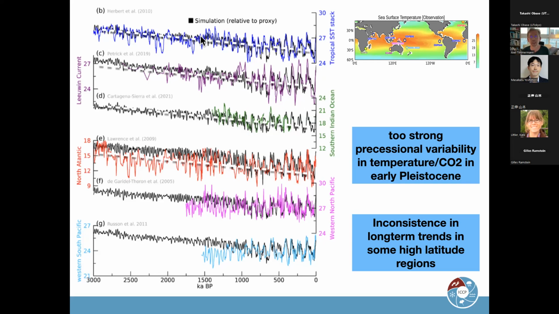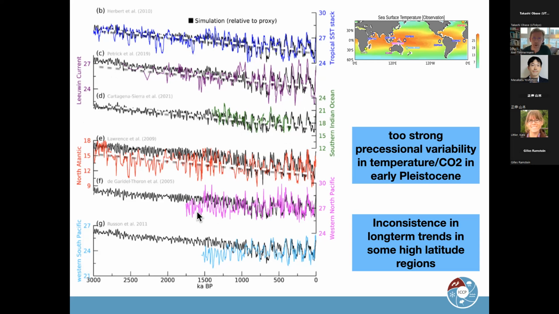What is actually the main periodicity? Are we seeing much more the 41 kiloyear variability in the CO2, or is there a possibility even for higher frequency precessional variability? Anyways, we can go through some other records. You can see many of them show this gradual cooling trend that we are familiar with going from the late Pliocene into the Holocene.